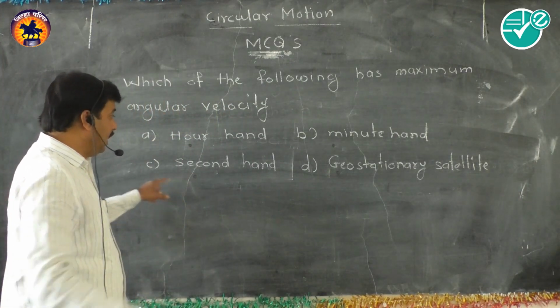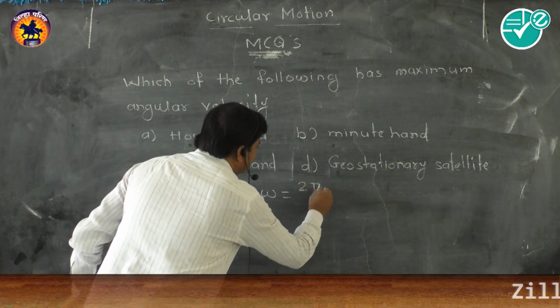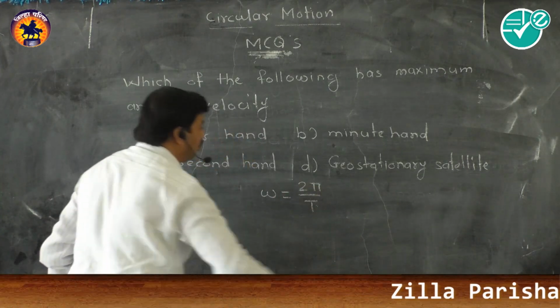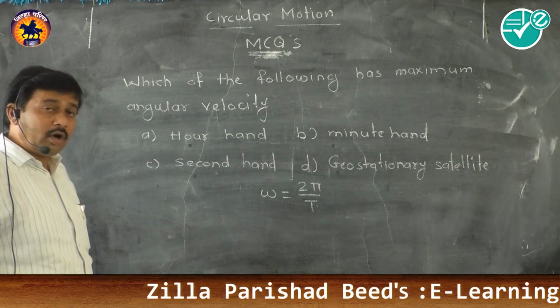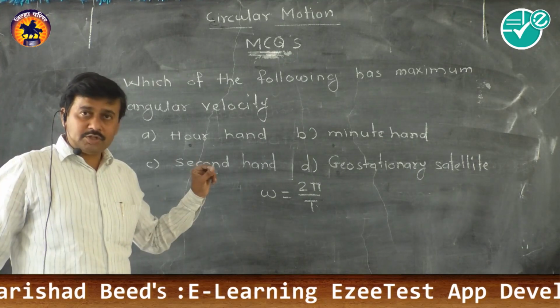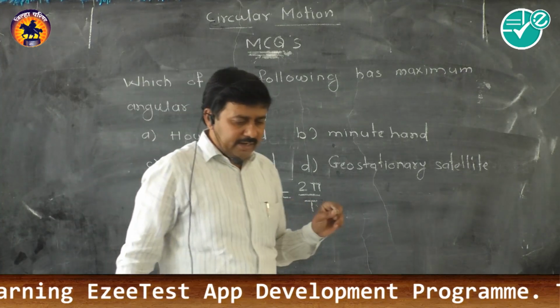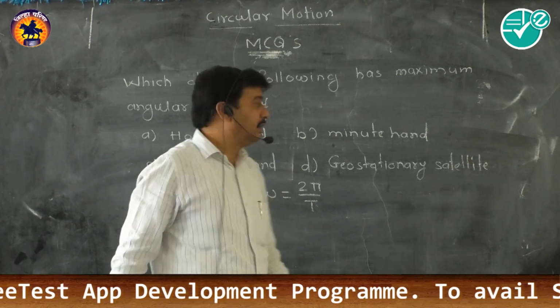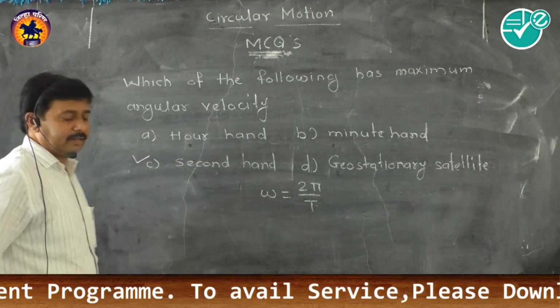As we know, angular velocity omega is equal to 2 pi by T. Among all four examples, T for the second hand is the smallest, so the angular velocity of the second hand will be the maximum. In this way, the correct option is the second hand. Thank you.